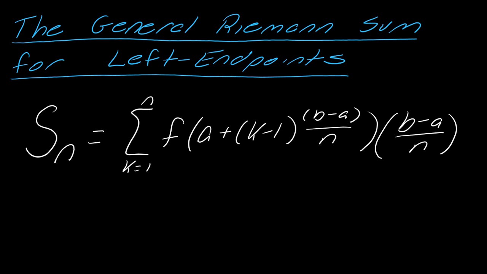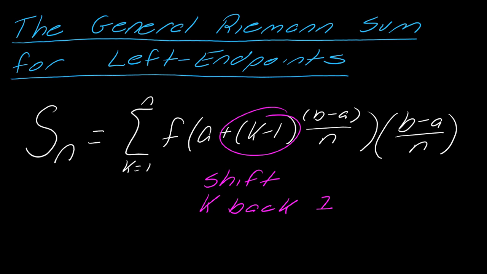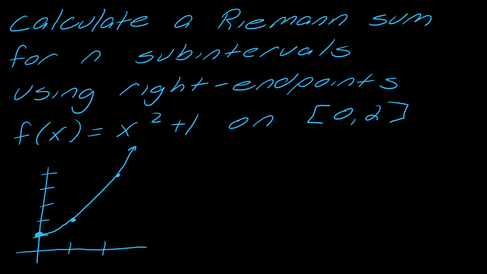All you'd have to do is shift the whole interval over to the left, which is basically the idea of subtracting 1. So this almost looks like the same formula, but you'll notice here that I have k minus 1 instead of k, and so that shifts k back 1, and that gets us to the left-hand endpoint. So hopefully that makes sense.